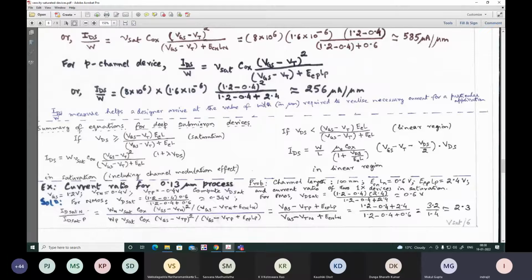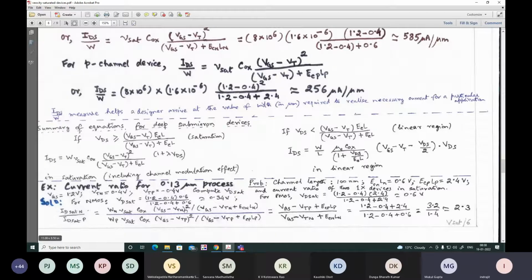The product of critical field and channel length is 2.4 volt for PMOS device. And these are the terminal voltages, say for 130 nanometer, which is equal to 1.2 volt. The technology threshold voltage also is a bit smaller than what we saw for 180 nanometer, that is 0.4 volt here. So the drain to source saturation voltage happens to be 0.34, whereas it is slightly lower than a factor of 2, it is 0.6 volt.